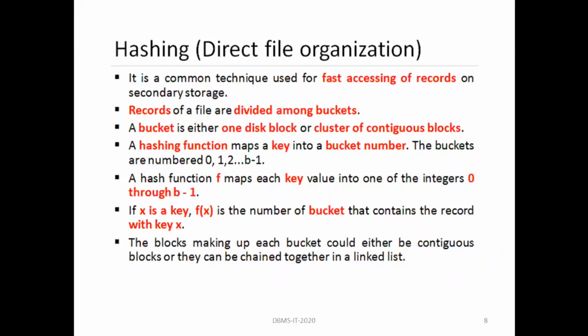So the key will be mapped to a bucket number, starting from 0, 1 up to the number of buckets minus 1. A hash function f maps each key value into one of the integers 0 to b-1. So if x is a key, then f(x) is the number of the bucket that contains the record with key x.